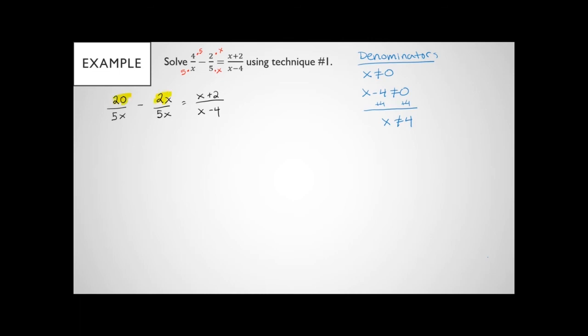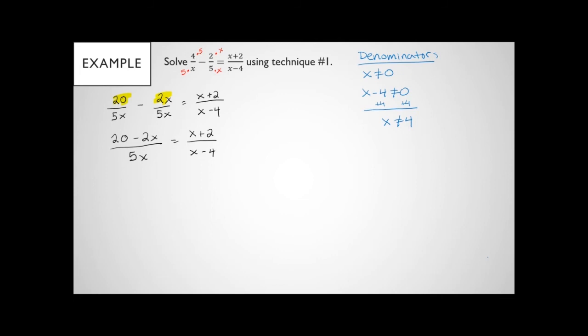They have a common denominator, so I'm going to basically be rewriting this as one fraction, 20 minus 2x, and then the denominator is 5x. And then on the right, I still have x plus 2 and x minus 4.